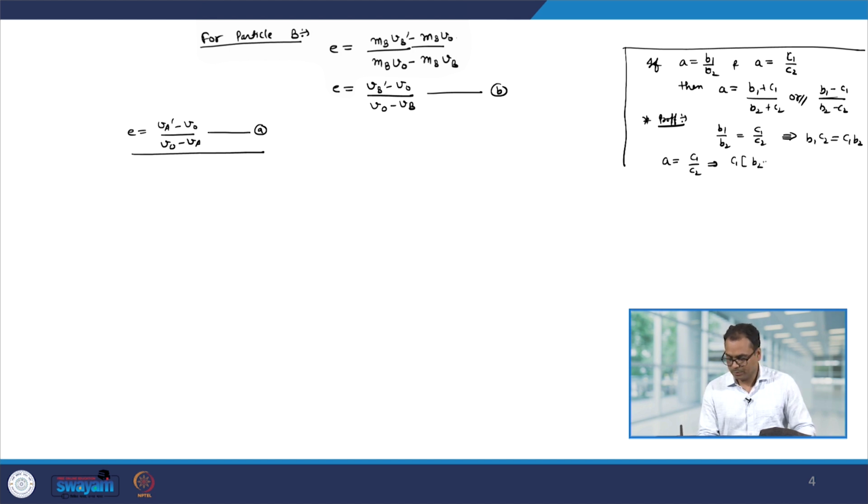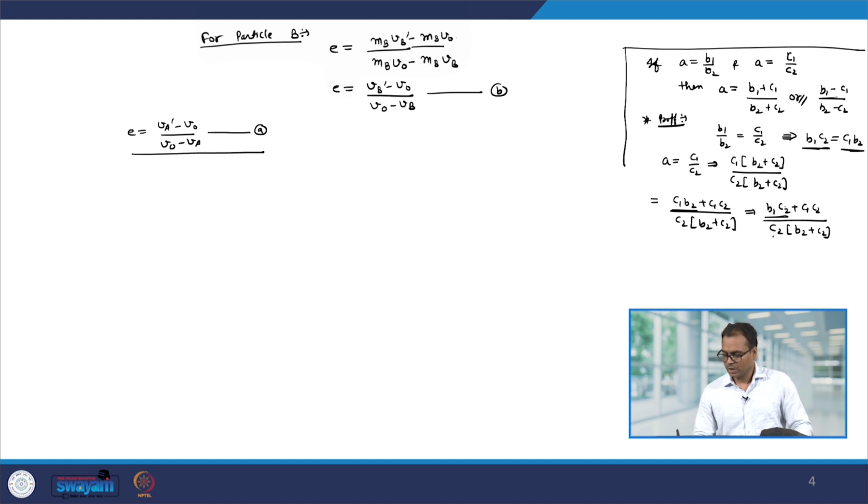So, C1 (B2 plus C2) divided by C2 (B2 plus C2), and this I can write as (C1 B2 plus C1 C2) divided by C2 (B2 plus C2), or (B1 C2 plus C1 C2). Herein I have used C1 B2 equal to B1 C2. So, this is divided by C2 (B2 plus C2). Now, C2 will get cancelled and you will have A equal to (B1 plus C1) divided by (B2 plus C2).